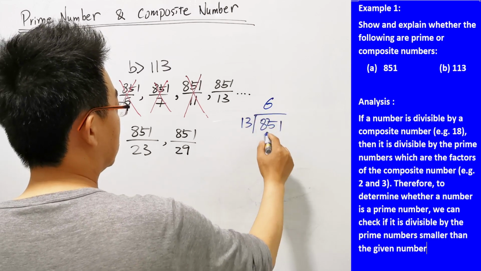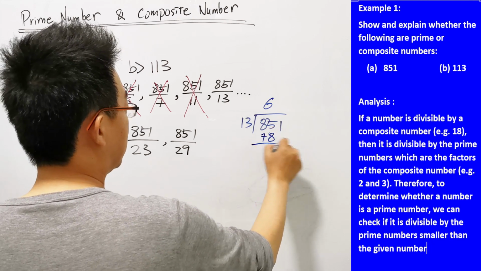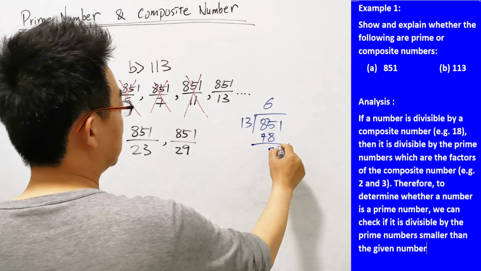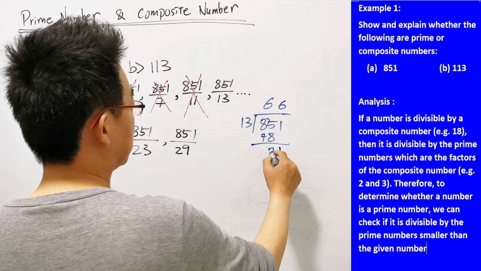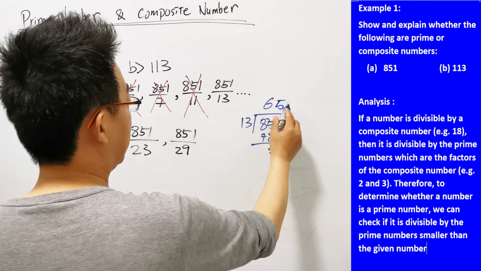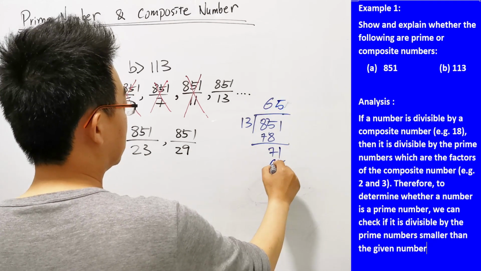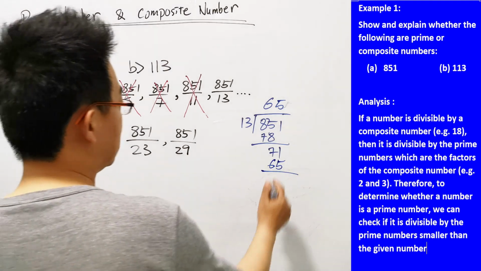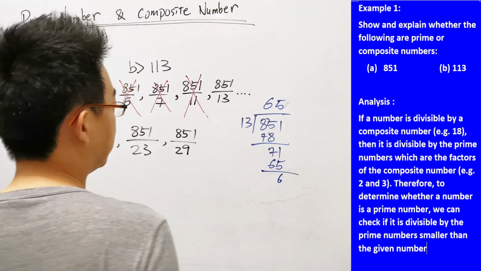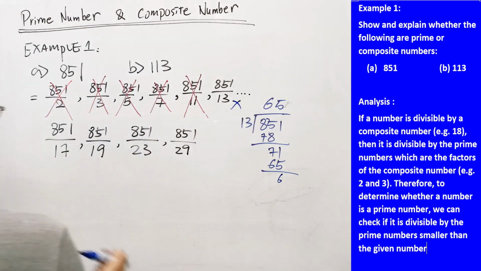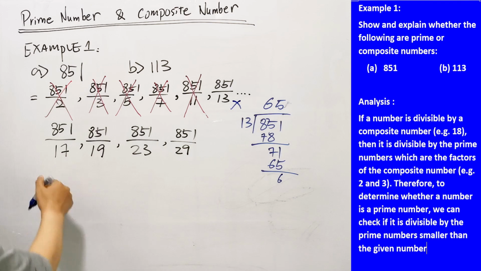Then 77. So how much do we get? Then we multiply by 5, and get 65. So what we get is 6 left, right? So in this case, this one also cannot. Okay, so let's try this one, 17.